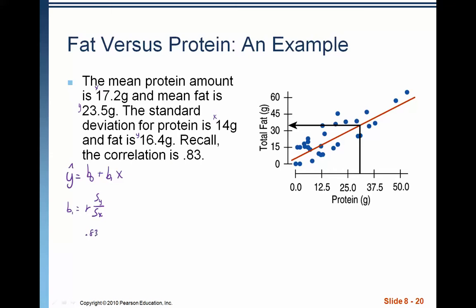My standard deviation of y is 16.4. And my standard deviation of x is 14. So my slope is what I get when I do those calculations. So 16.4 divided by 14 times 0.83 is going to give us 0.97.